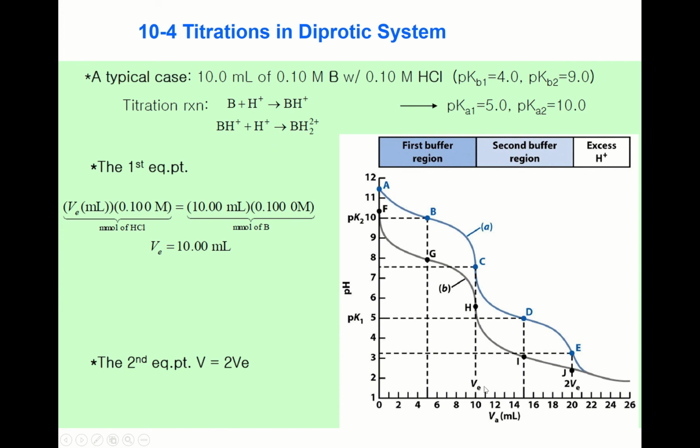So we don't need to calculate anymore. We simply calculate the volume for the first equivalence point, and then multiply by 2 to get the second equivalence point, which is now 20 milliliters. Very easy so far.